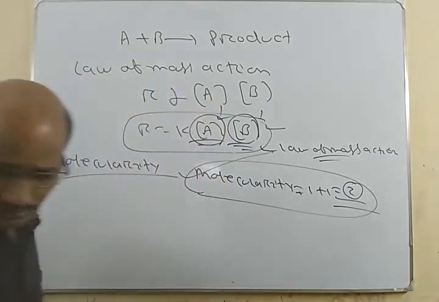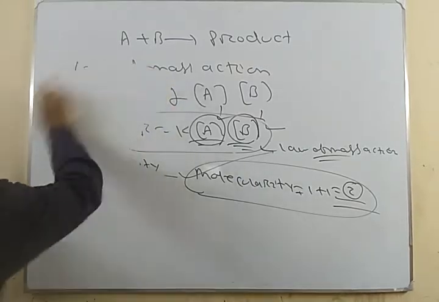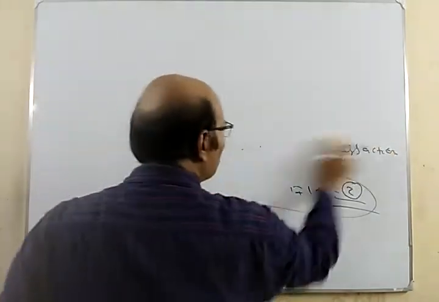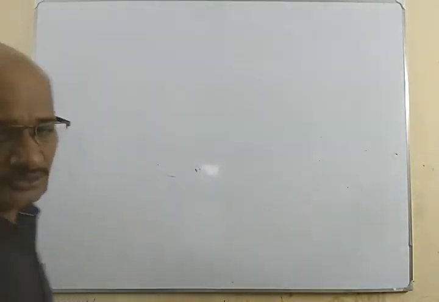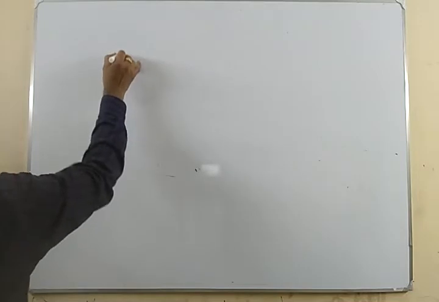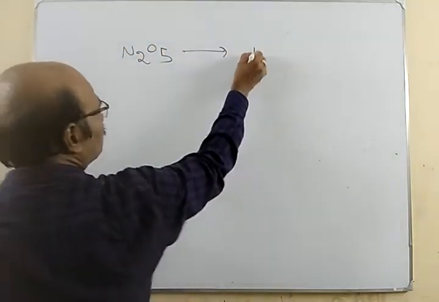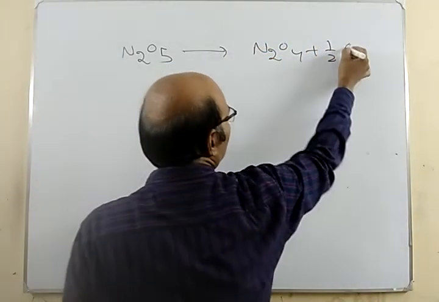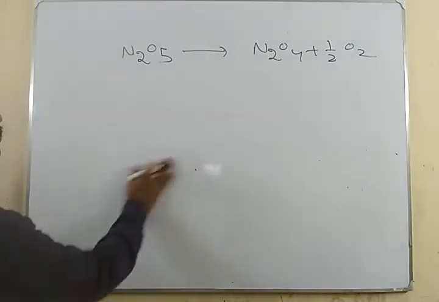Now this molecularity, let's see. If I take a chemical reaction, suppose I take N2O5 gives N2O4 plus half O2.